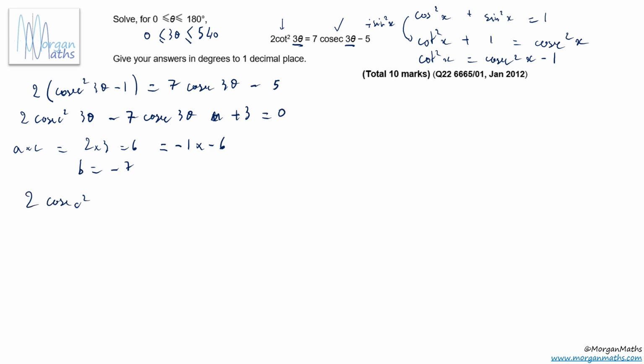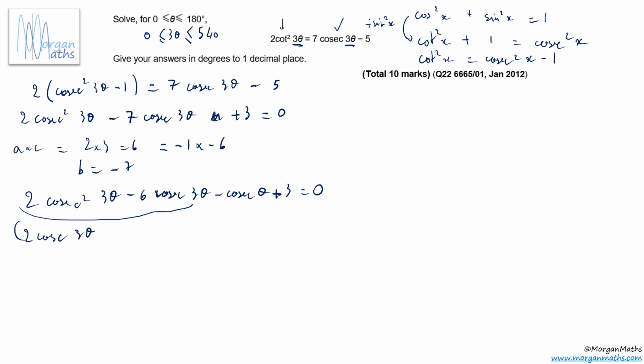I do it my way. I always do it a little bit slowly because this sort of question gives me time for it and I don't want to mess up. So 2 cosec squared 3 theta minus 7 cosec 3 theta plus 3 equals 0. So I split the middle term, and then amongst the first 2 terms, I can factorize 2 cosec 3 theta.